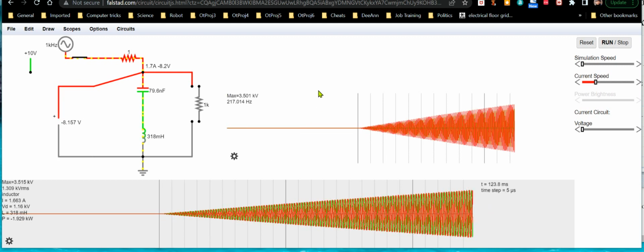But anyway, you can see that this is generating up to 3 kilovolts right now, and it's not done yet.